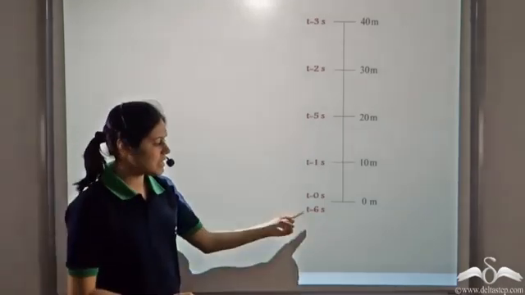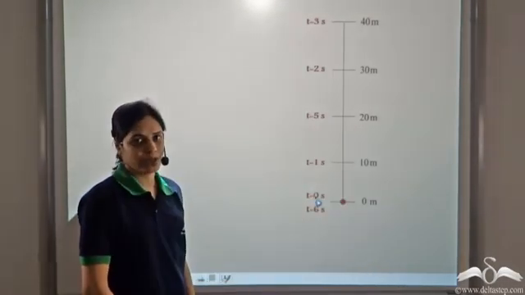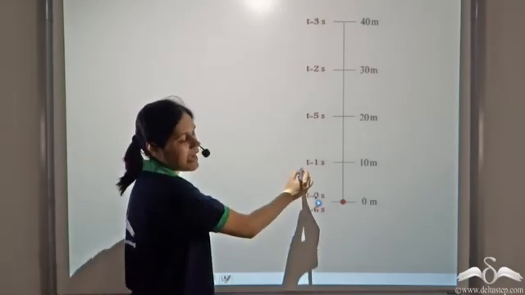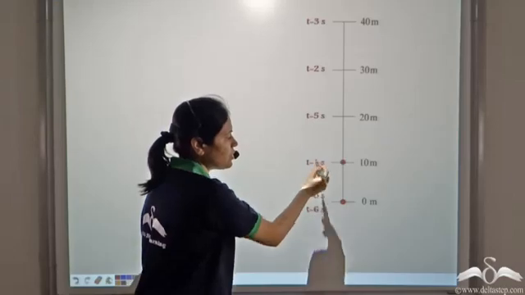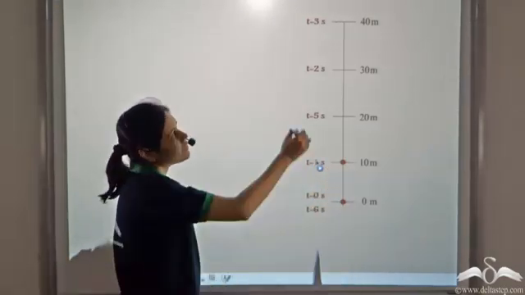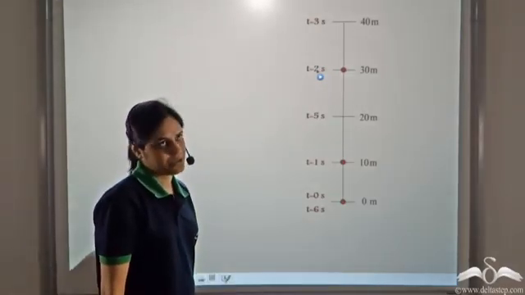At t equal to 0 seconds, the ball was at 0 meters. So we mark a point at 0 meter. At t equal to 1 second, the ball was at 10 meters. So we mark a point here. At t equal to 2 seconds, the ball was at 30 meters.